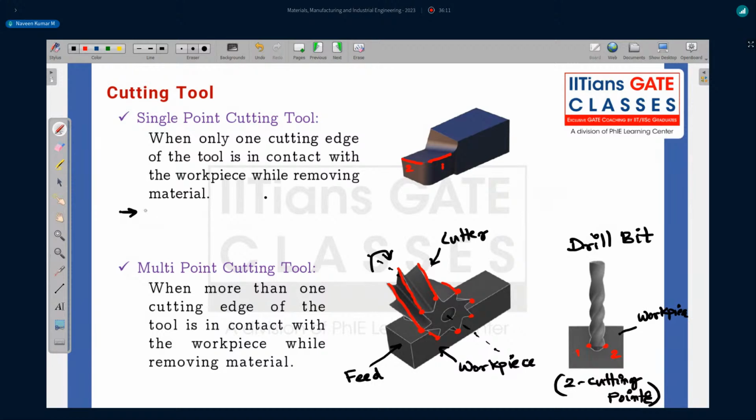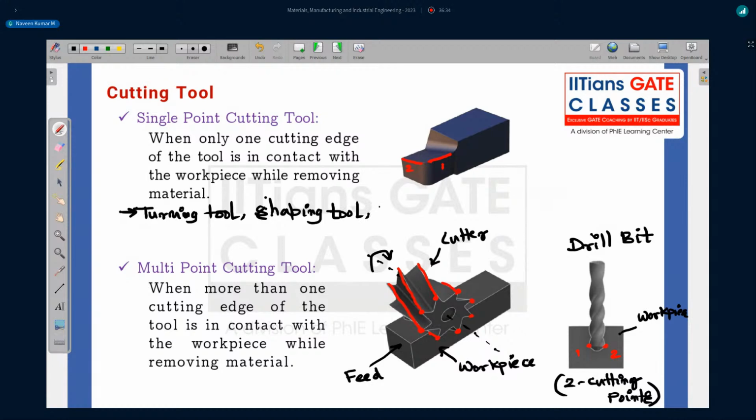So I can say turning tool is a single point cutting tool, and maybe the shaping tool, which is another cutting tool with only a single cutting point.